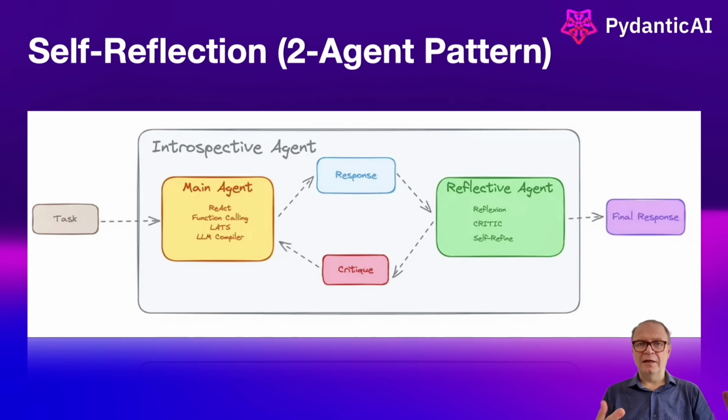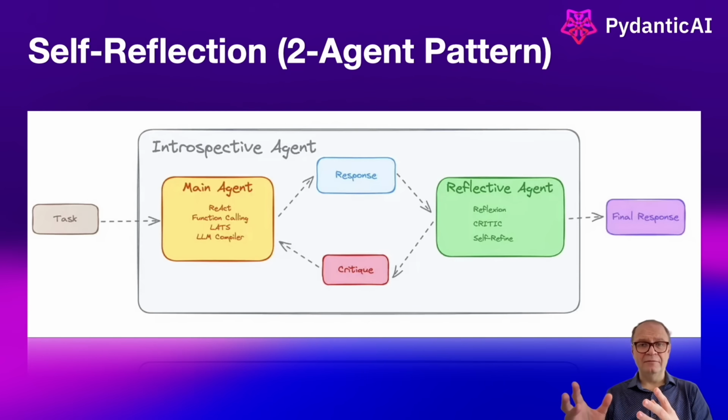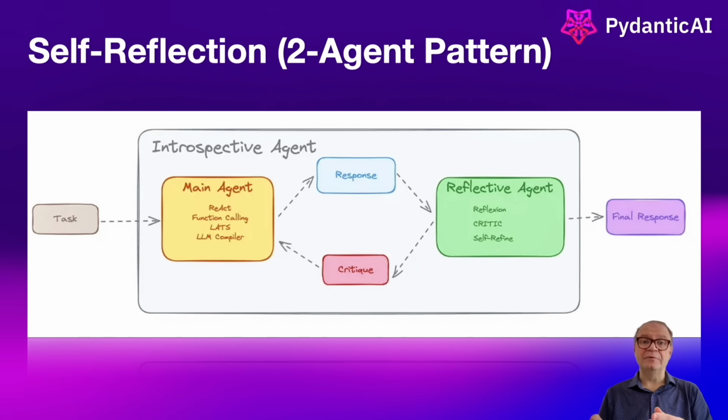So in this diagram, the task or the user provides input, the main agent tries to solve the problem, and the response is passed to a reflecting agent. Now the reflecting agent would do fact checking or error checking, and then if there is anything wrong with it, it would either fix it or pass the input back to the main agent. So that's another design pattern that is being used for agent self-reflection.